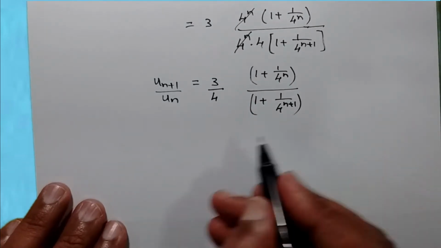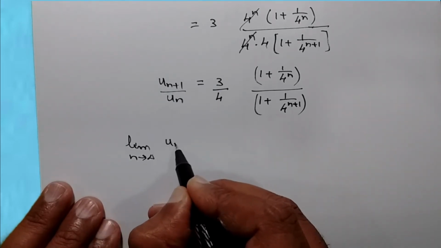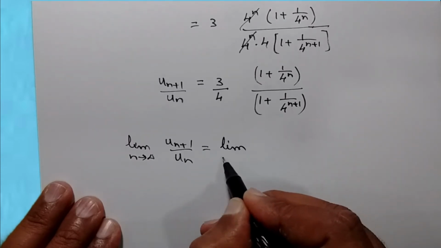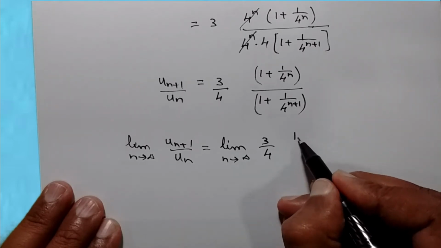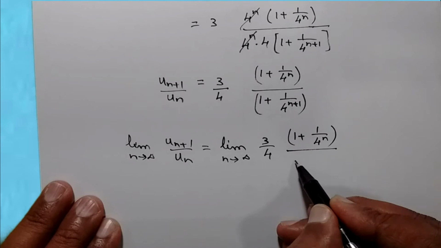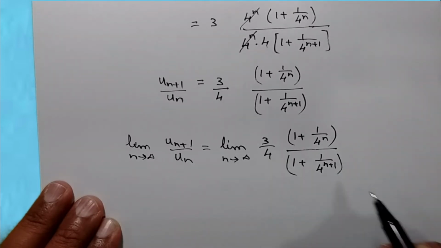Now you need to apply the limit as n tends to infinity. Limit of un plus 1 by un will be equal to limit as n tends to infinity of 3 by 4 times 1 plus 1 by 4 power of n, whole divided by 1 plus 1 by 4 power of n plus 1.